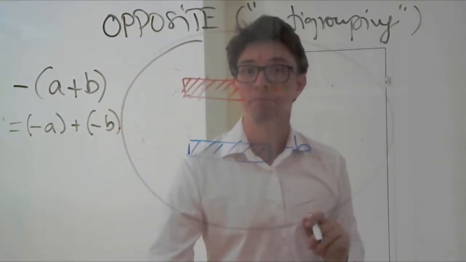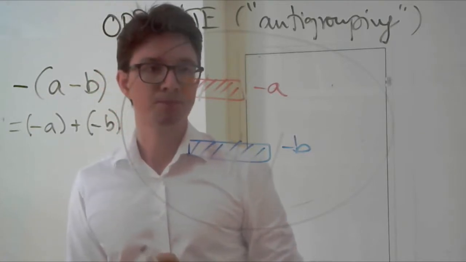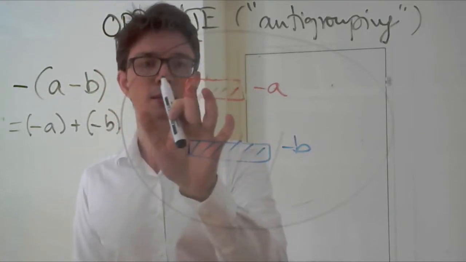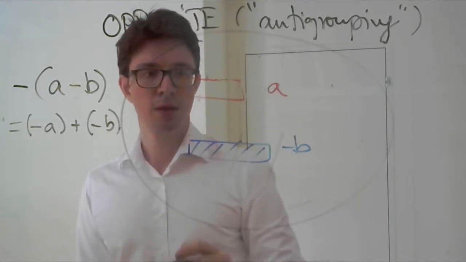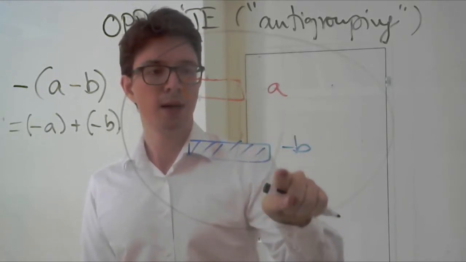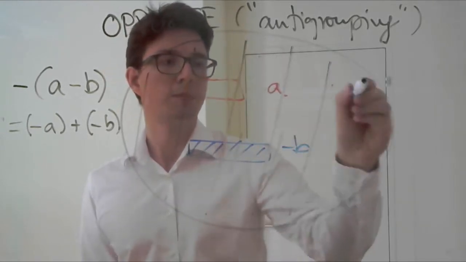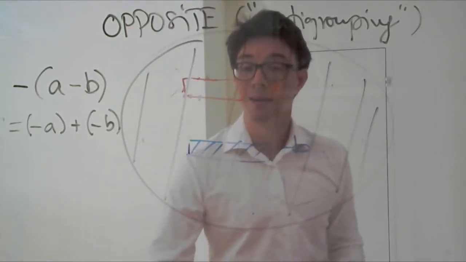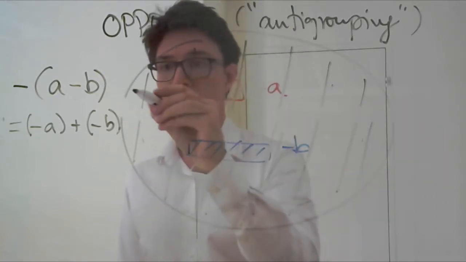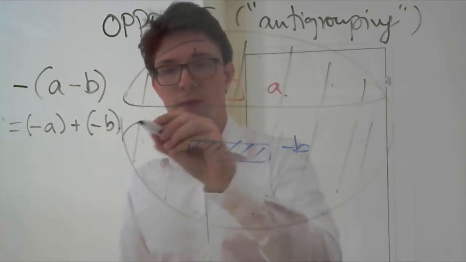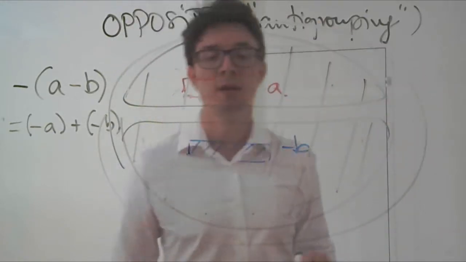Okay, so what happens now if we instead have a difference? So let's see, we can maybe keep this here, and then we have now the difference a minus b. Take the opposite of that. Again, we just split this anti-grouping into two, like so, and take the overall sum.